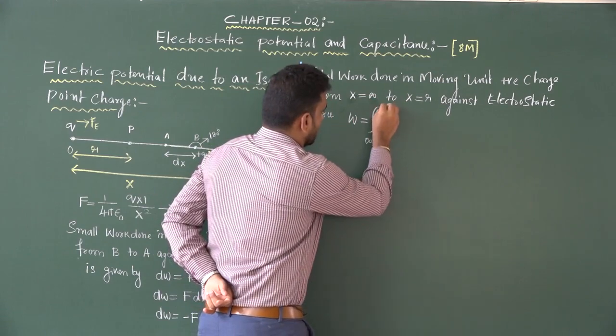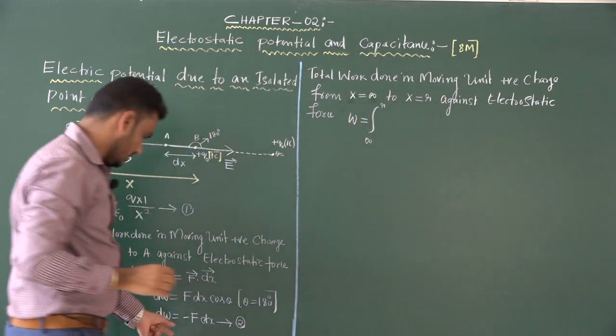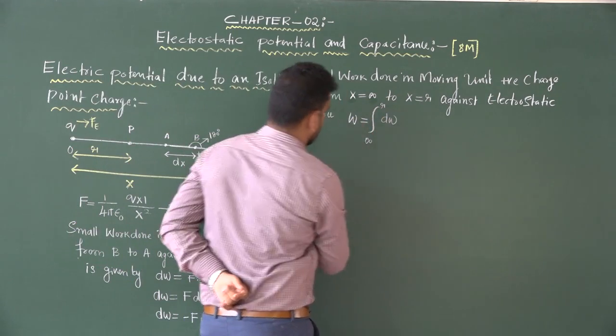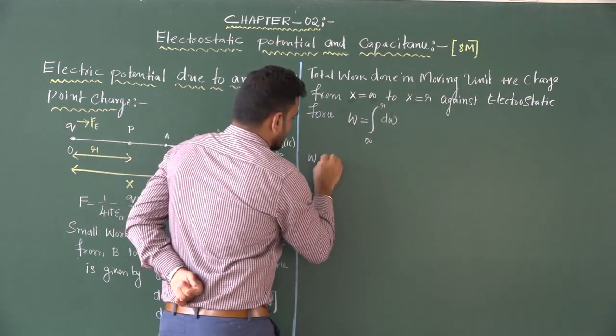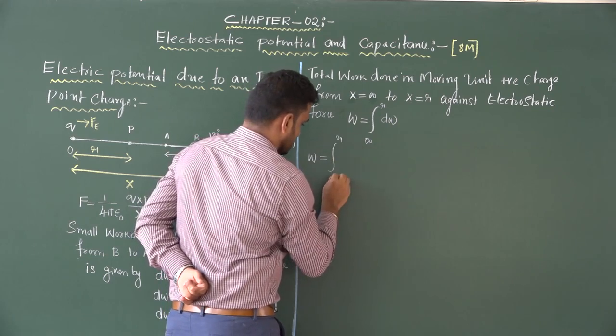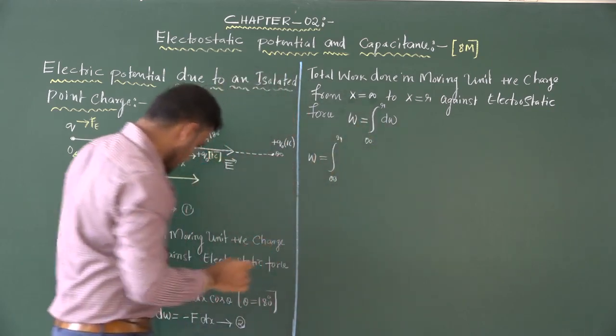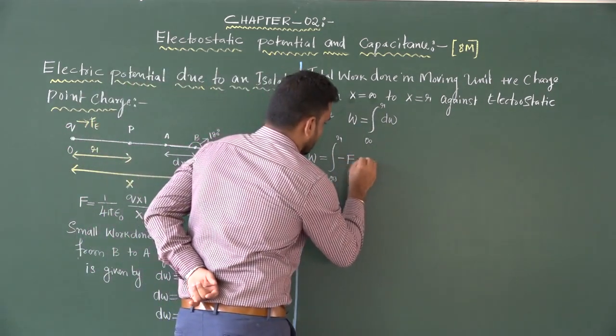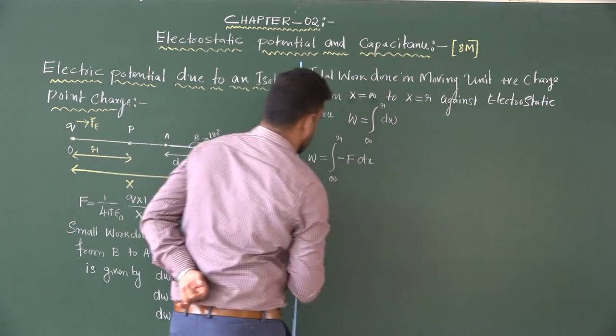We already calculated a small amount of work done, that is dW. Then W is equal to integration from infinity to r of dW. What is dW? We have minus F dx.